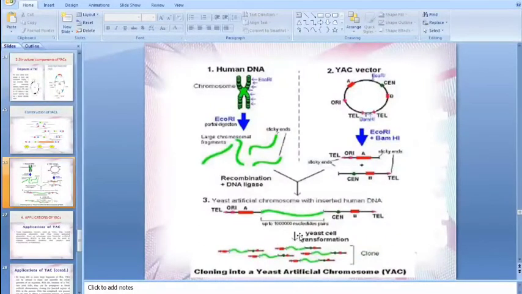For the transformation, it will be inserted into the host cell, just like the cloning methods used in animal cloning.